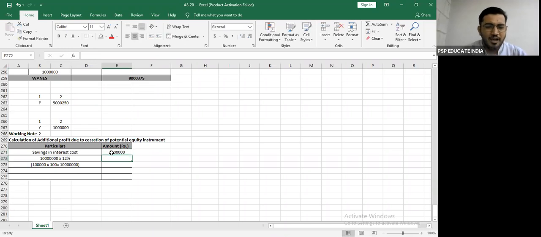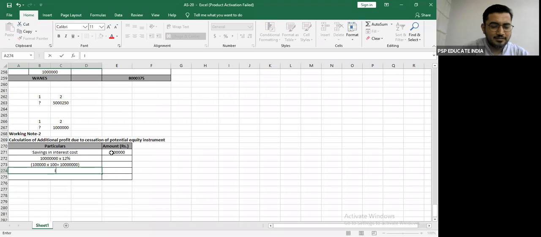Okay. Do you have any tax element in the question? Do you have any tax benefit in the question or tax element in the question that you have been given? Yes, of course, you have some tax element in the question, which is 30%. That tax benefit which you were getting earlier on this interest cost will now be gone.